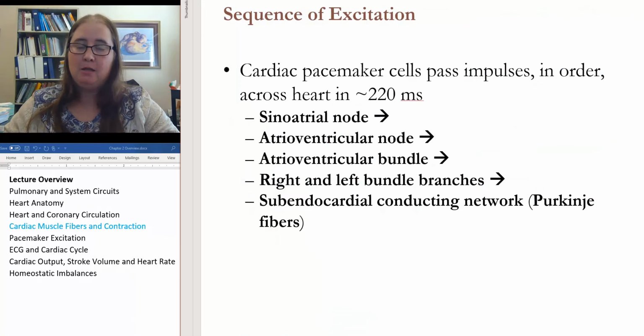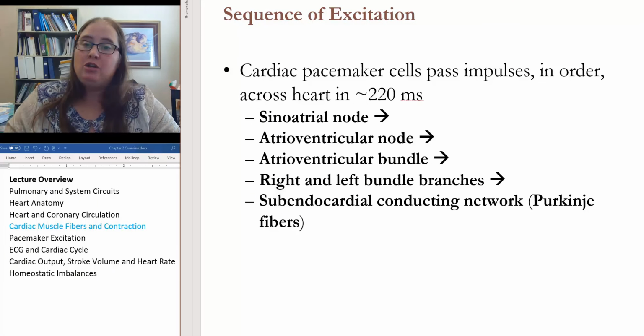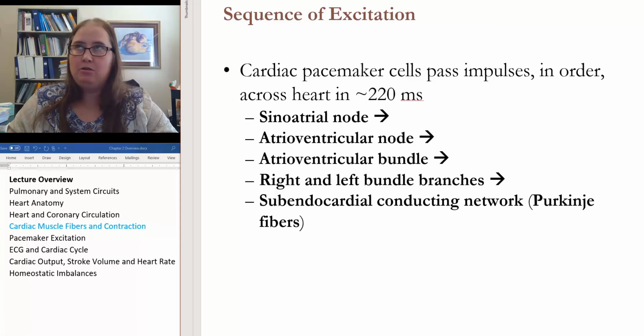Okay? So, the location of this 1% varies throughout the heart. So, these cardiac pacemaker cells exist in these different nodes throughout the heart. So we have the sinoatrial node, we have the atrioventricular node, we have the atrioventricular bundle, the right and left bundle branches, as well as the subendocardial conducting network, which I will always call Purkinje fibers.